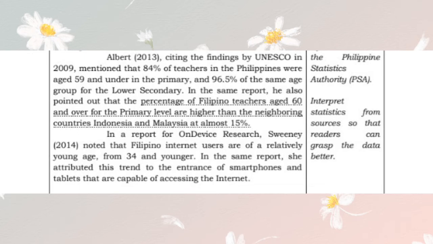In the same report, he also pointed out that the percentage of Filipino teachers aged 60 and over in the primary level is higher than in neighboring countries, Indonesia and Malaysia, at almost 15%. Interpret statistics from sources so that readers can grasp the data better.